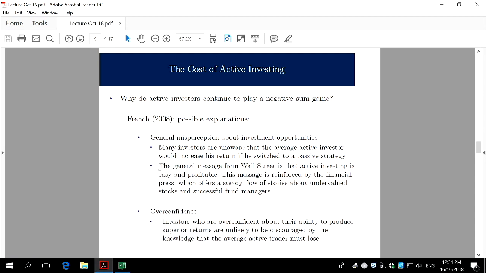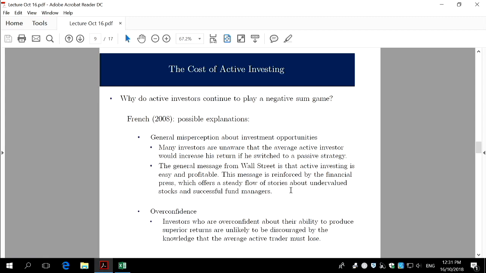Another point is very interesting. The general message from Wall Street is that active investing is easy and profitable. And this message is reinforced by all those financial presses, which offer a steady flow of stories about undervalued stocks and successful fund managers. So this is more like a conspiracy theory, right?